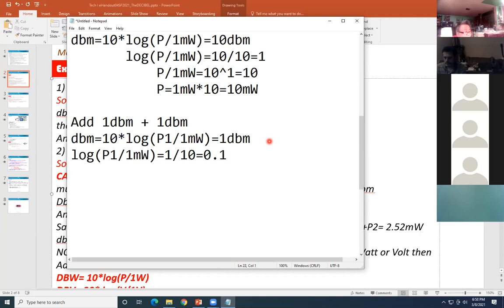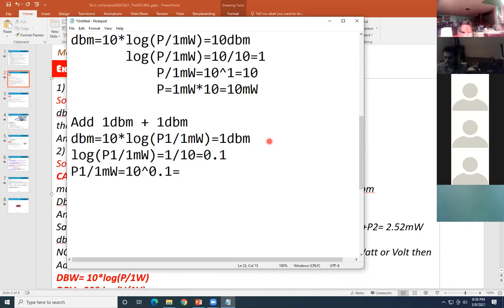Now you take the log out. P1 over 1 milliwatt equals 10 to the power 0.1.